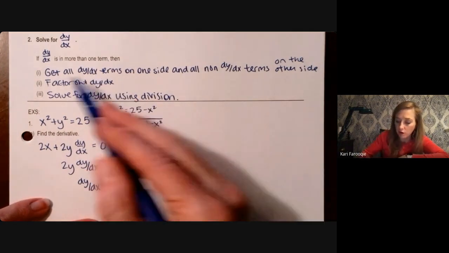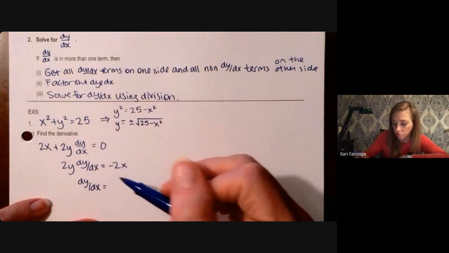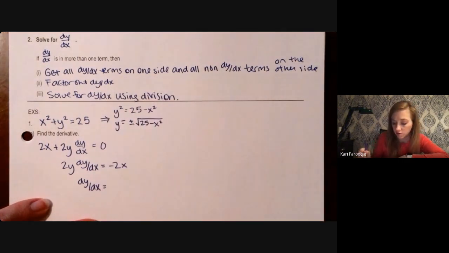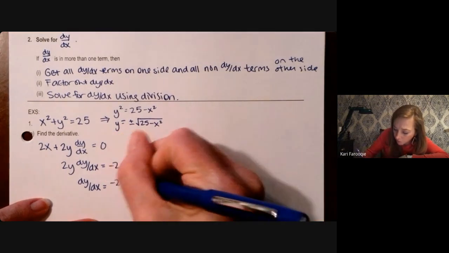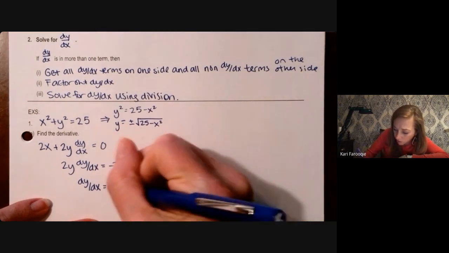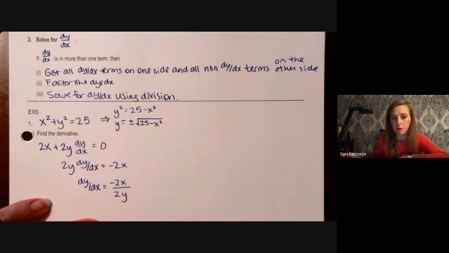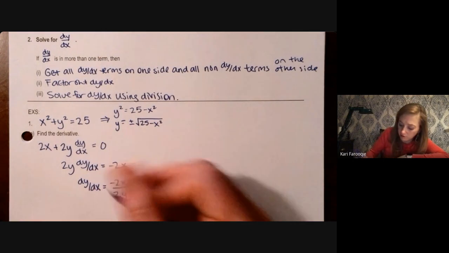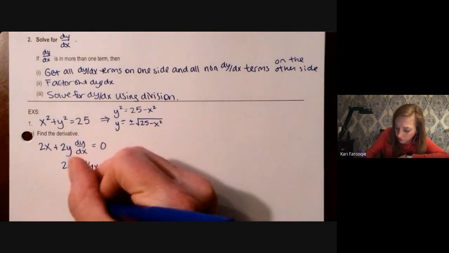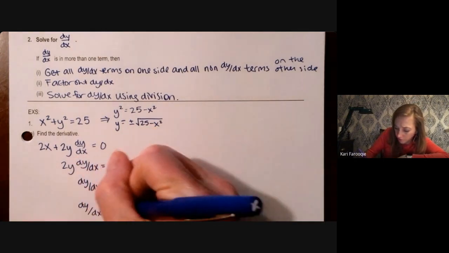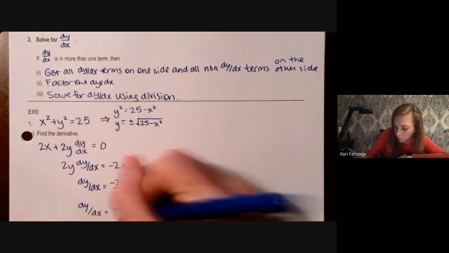But right now we've gotten all the dy dx terms on one side, all the non-dy dx's on the other side, and we'll solve for dy dx using division. So we have negative 2x divided by, and we'll just divide both sides by 2y. And then I can simplify this and just say that dy dx is negative x over y.